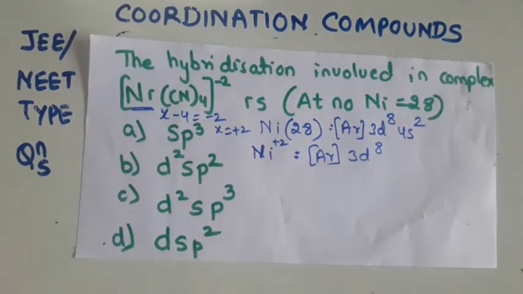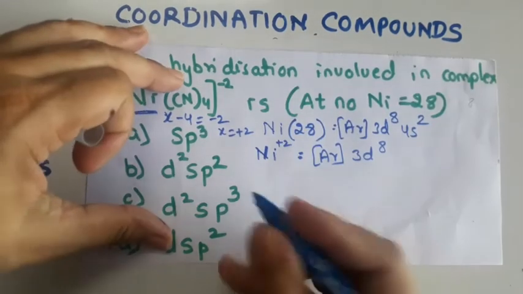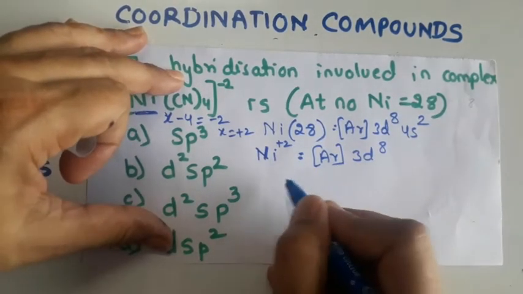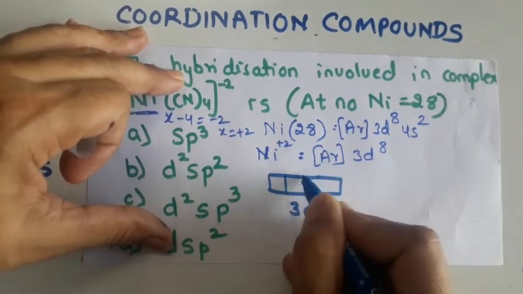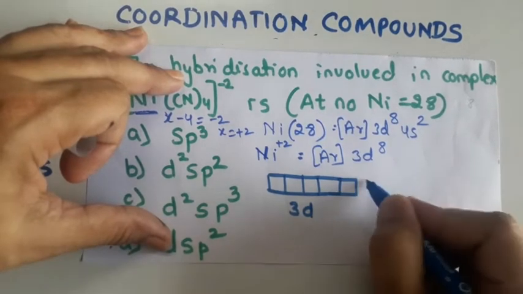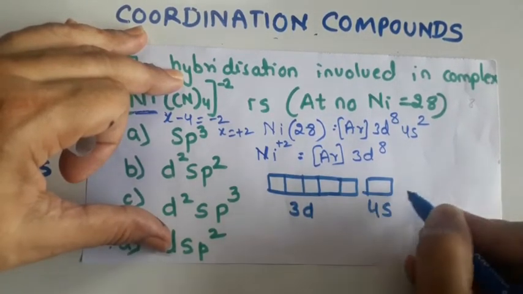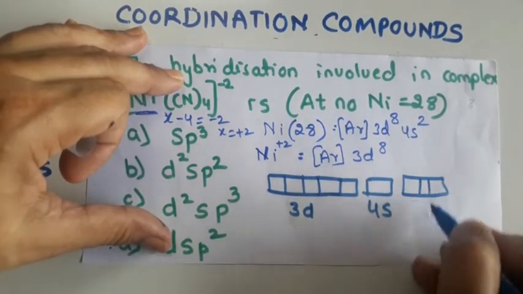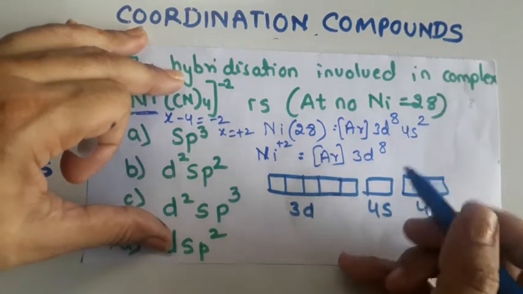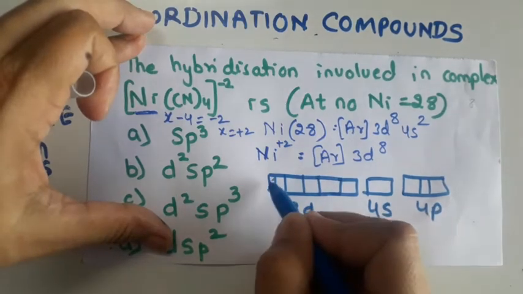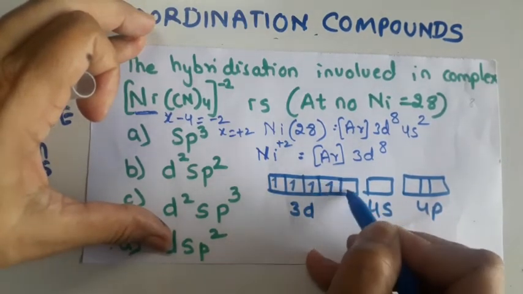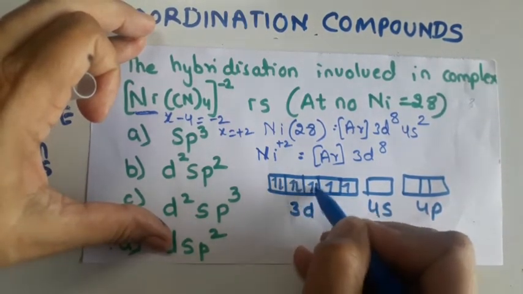Okay, so now if I have to write its electronic configuration in the form of Hund's rule, we are having 3d 1 2 3 4 5 and we have 4s and here we have 4p. Fine. So I am going to place the electrons. It is 1 2 3 4 5 6 7 8.